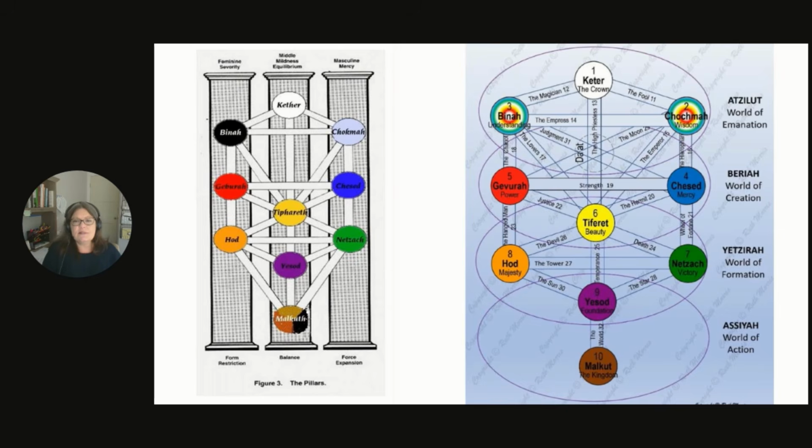I'm not going to get into detail today, but I just want you to notice that first, the world of emanation involves using the human spirit. And then the second one, Berea, the world of creation, that involves the soul and the human intellect, where the survivor begins to muse and use their intellect to think on what they want to build or create or do with their creative energy. Yetzirah is the world of formation.